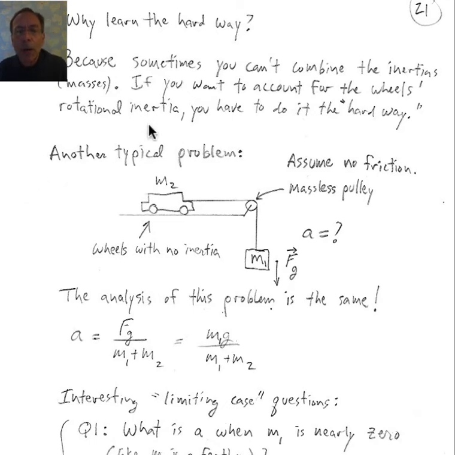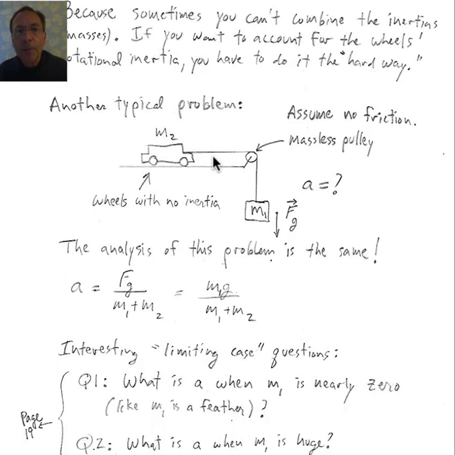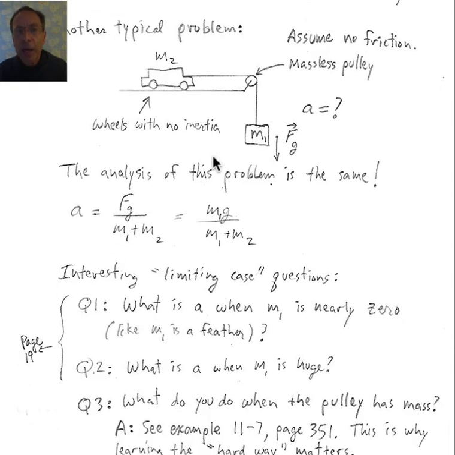Let's do another really typical problem. So in this problem, you've got mass 1 hanging from a rope. This rope goes over a pulley.